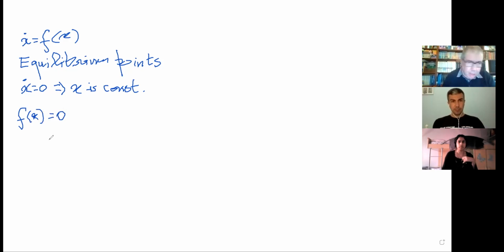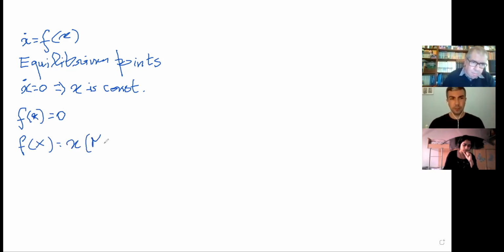Okay? Example. Suppose that f of x, x is a scalar, is x times (m minus x). So you have an equilibrium at x equal to 0 and an equilibrium at x equal to m.